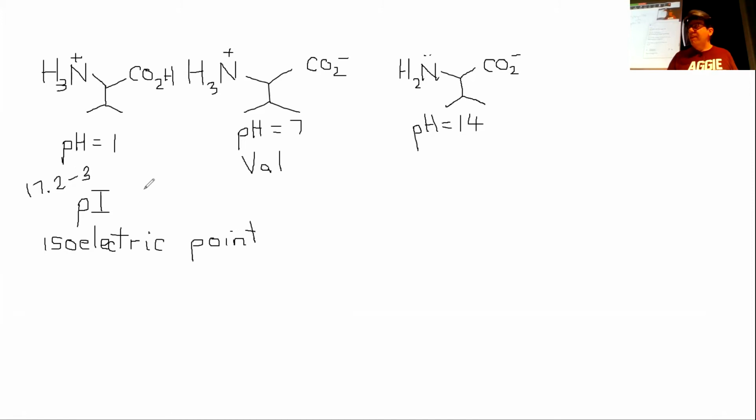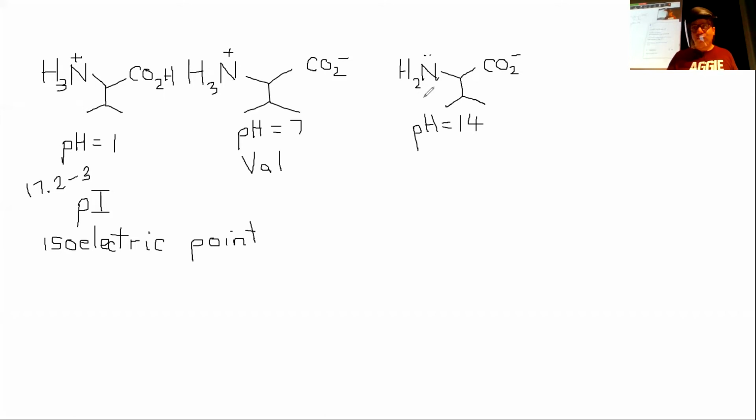Where this comes in is finding the isoelectric point for something like valine, where there's nothing ionizable on the side chain. It's like an alkyl group, or maybe like glycine with an H, or something like serine that has an OH group. And that does have an OH group with a proton on it, but that's not going to change in the range of pH 1 to 14.